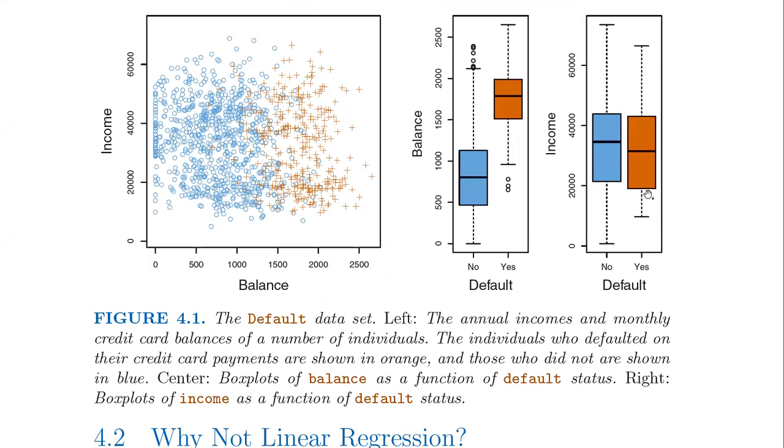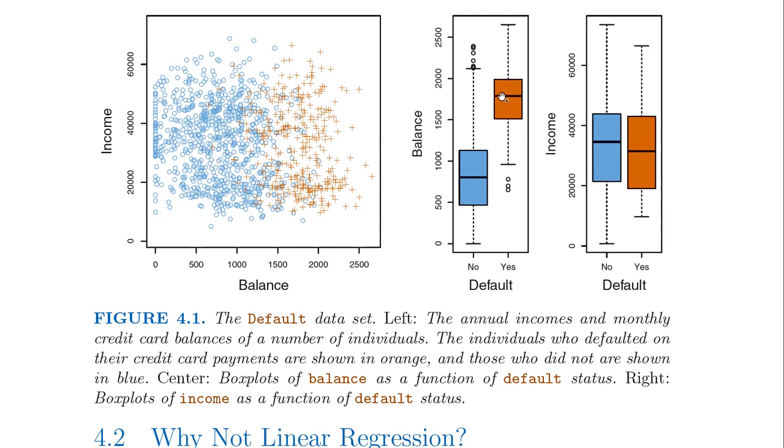These two charts over here, instead of taking a three-dimensional thing, as in this one, blue depending on the income and the balance. Now we're just looking at those individuals who defaulted, that would be the orange. What was their, for instance, median balance?